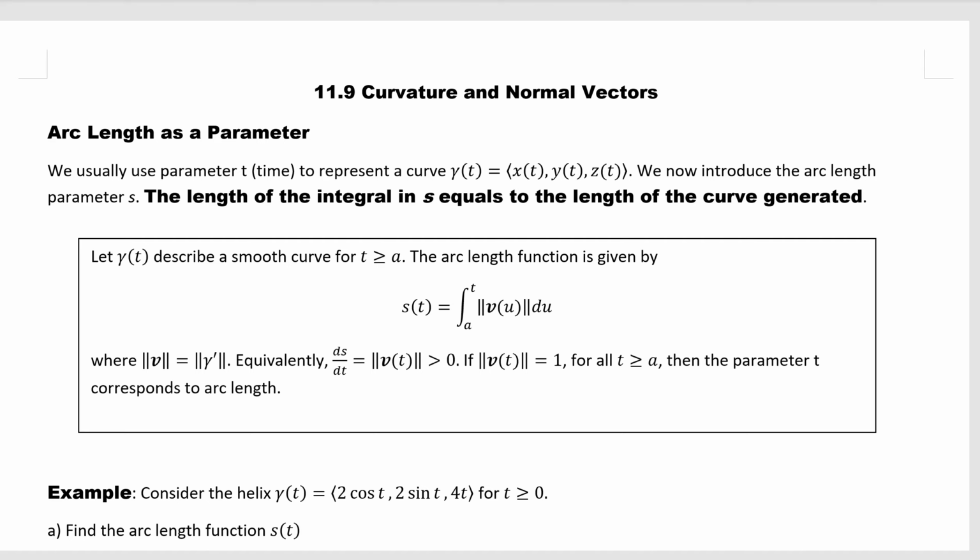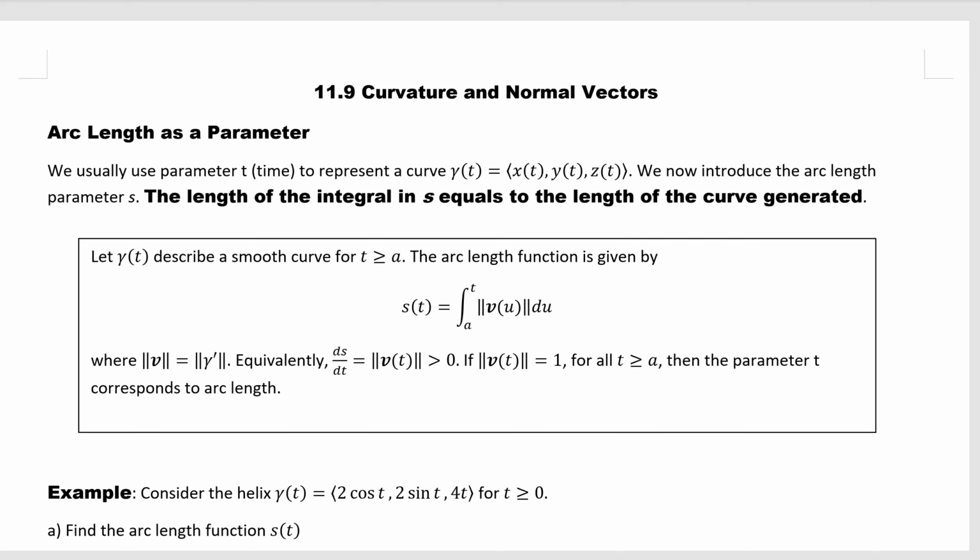Equivalently, ds/dt equals the speed, which is greater than 0. If the speed equals 1 for all t greater or equal to a, then the parameter t corresponds to the arc length.